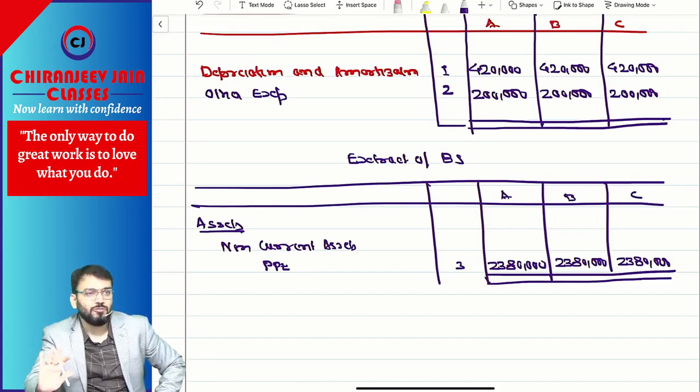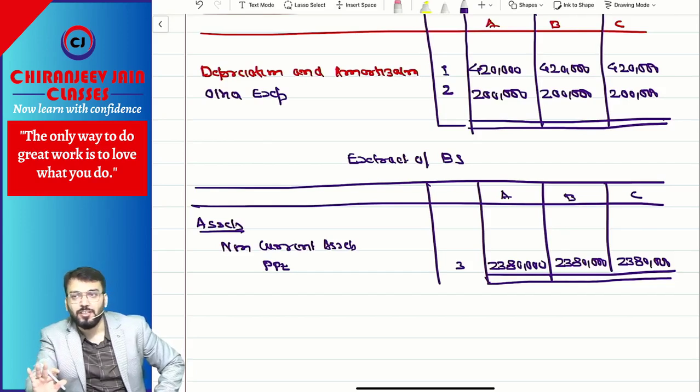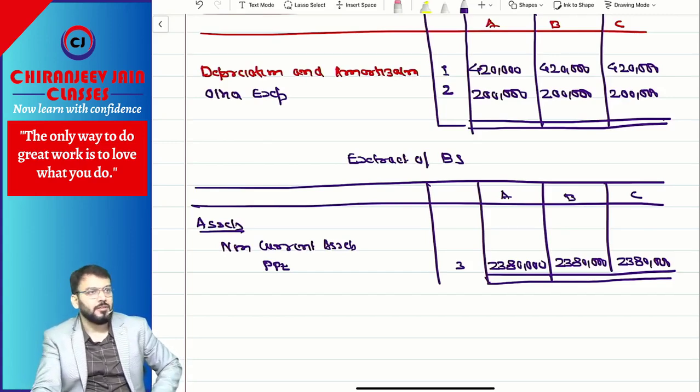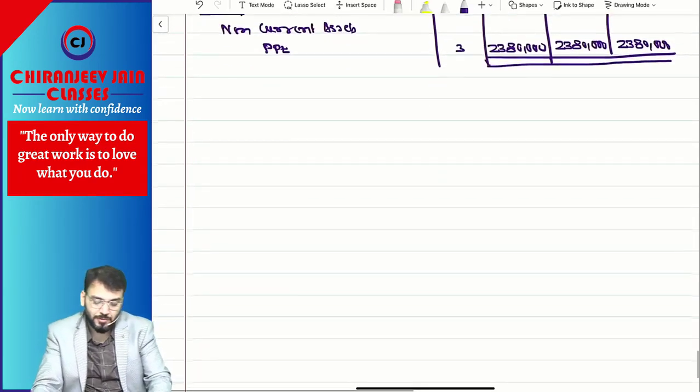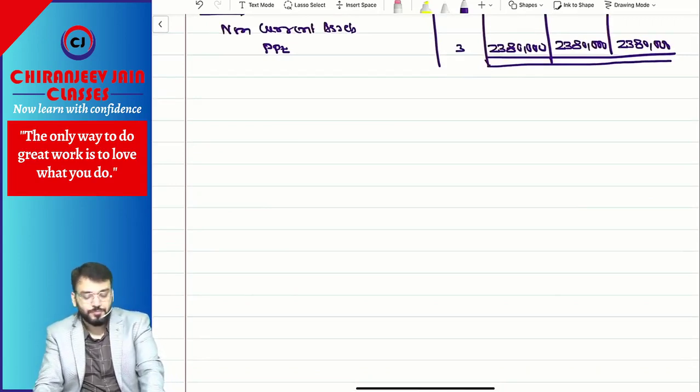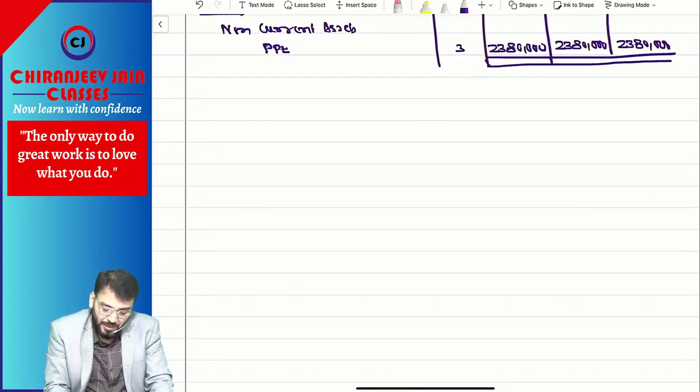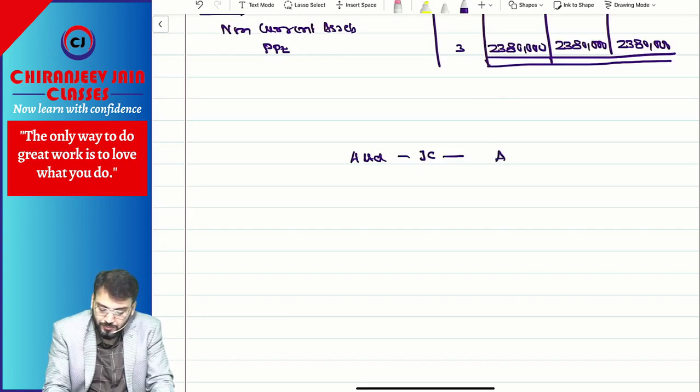So you have understood jointly controlled operation, you have understood jointly controlled asset. Now we'll come to jointly controlled entity. That is more interesting. Understood? Suppose A Limited has joint control over AB Limited.